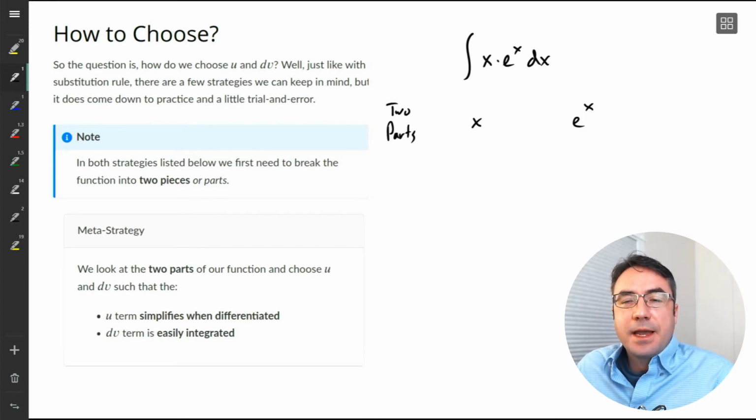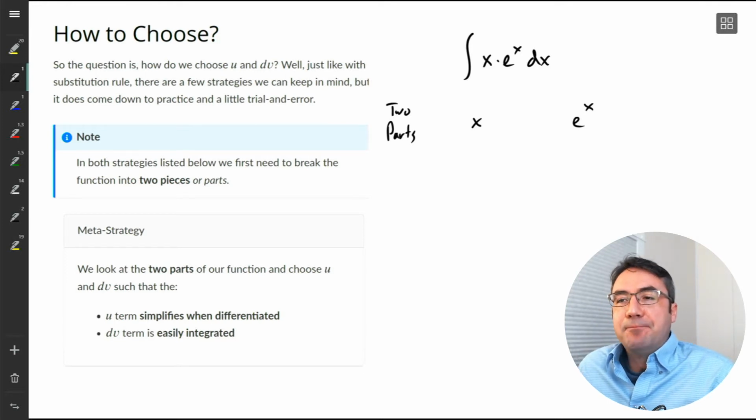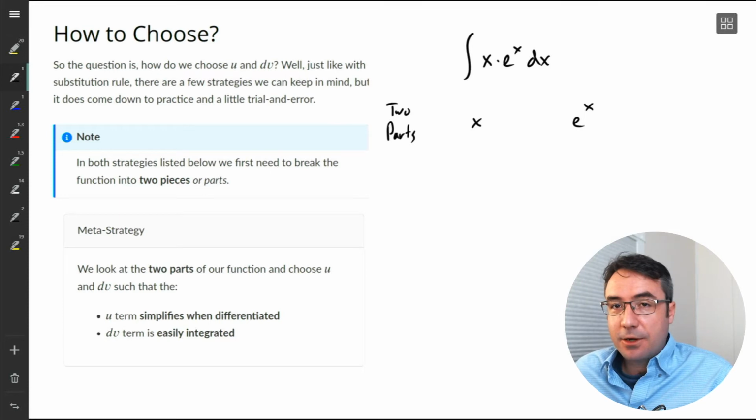And so one of our strategies, and I call it the meta strategy because it doesn't give too much specifics, is we generally look at our two parts there, and whichever one simplifies the most when differentiated, that's usually what we pick for u.